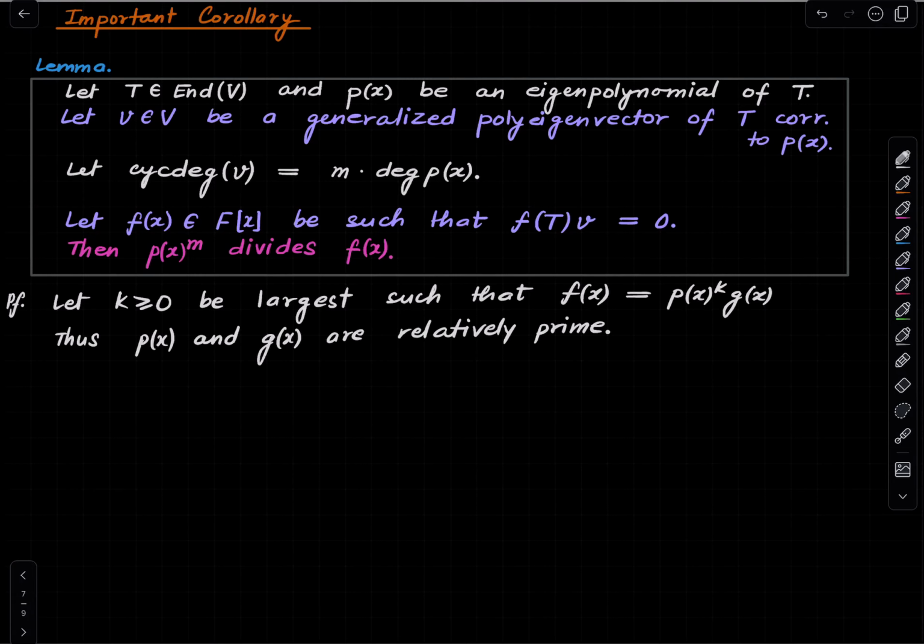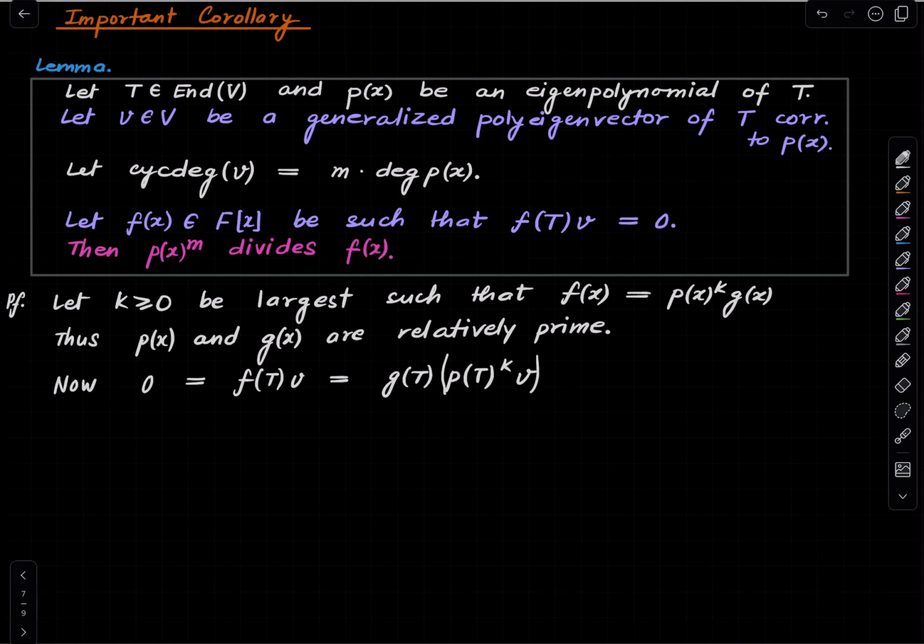Okay, so now by hypothesis, we have 0 is equal to ftv, which is by our notations equal to that. Or maybe I will write it this way, because the things commute, so it doesn't make any difference.